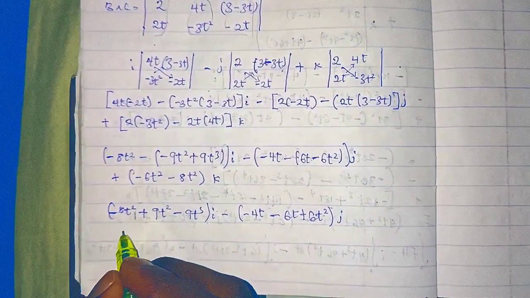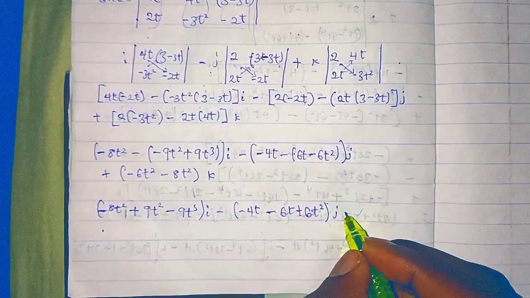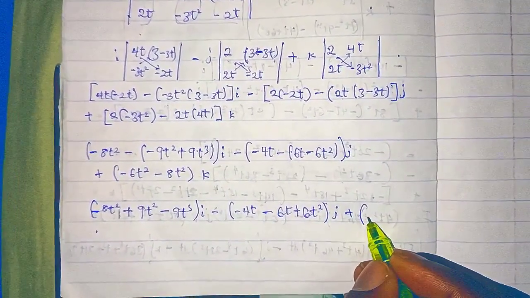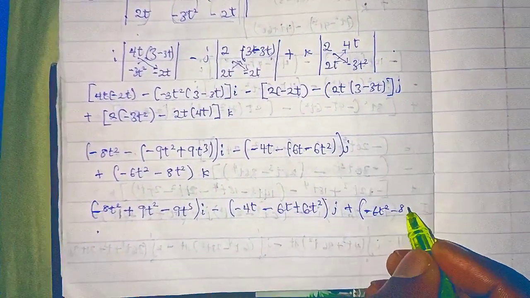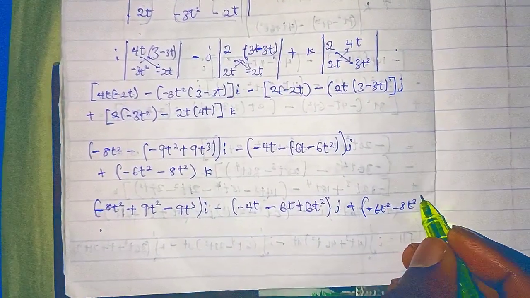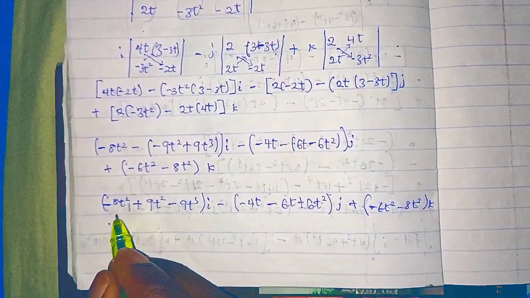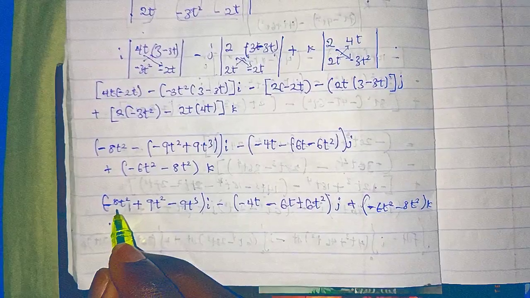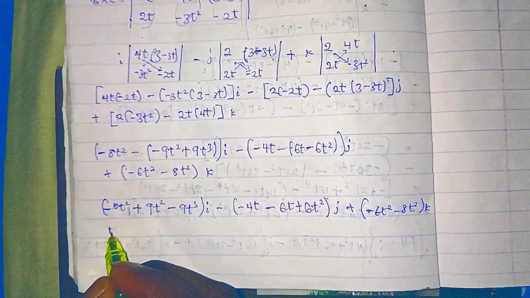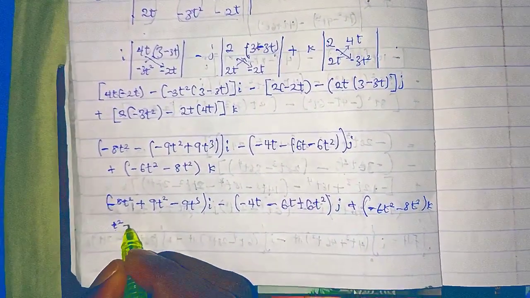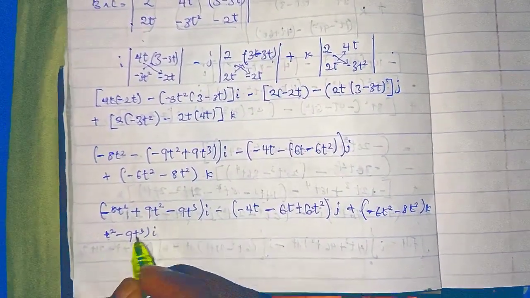And our k here will have minus 6t squared minus 8t squared. This is k. So what do you observe? These terms are the same. We'll have minus 8t squared plus 9t squared will give us just t squared, minus 9t cubed. So this is what we've gotten for i.